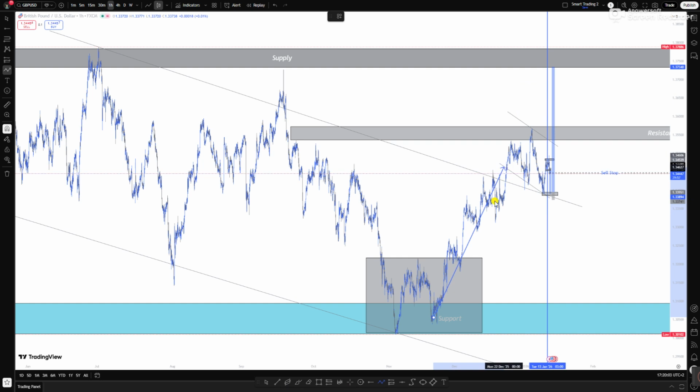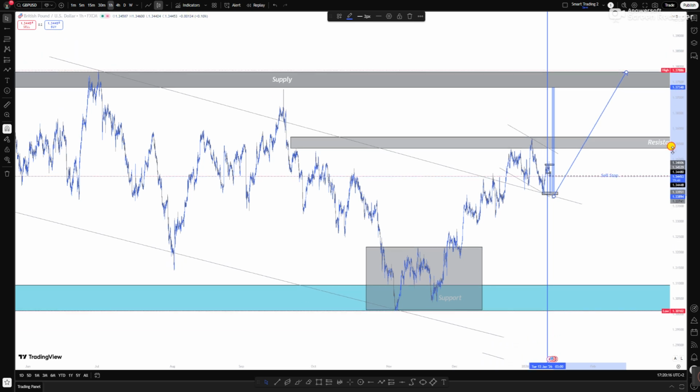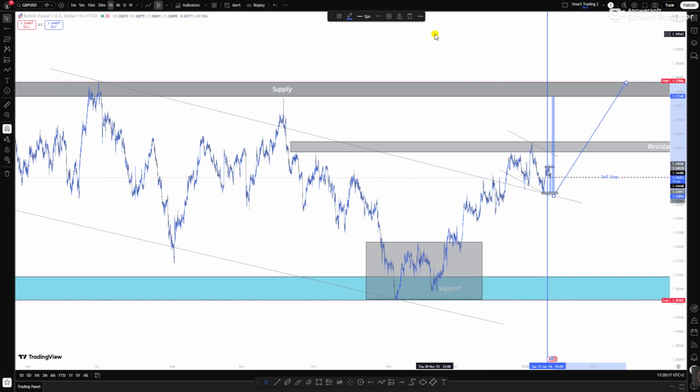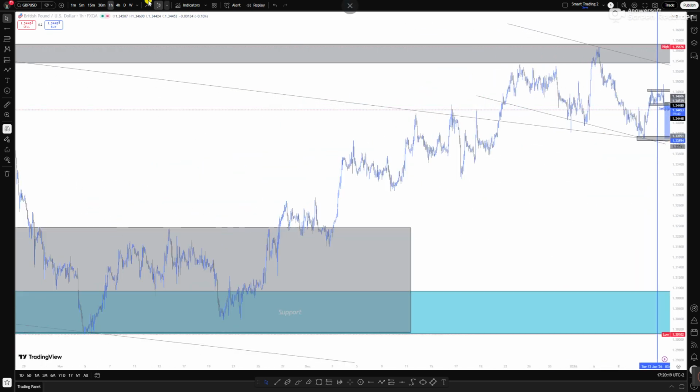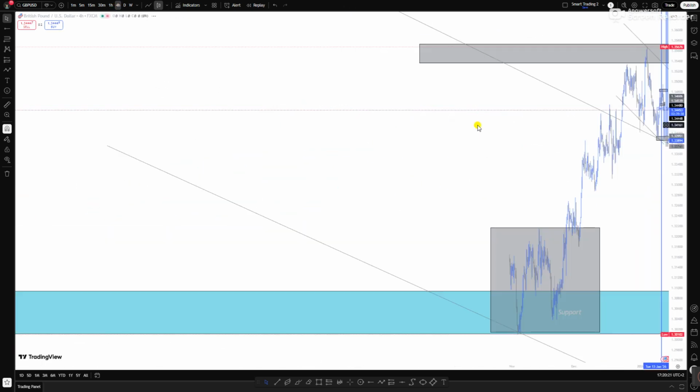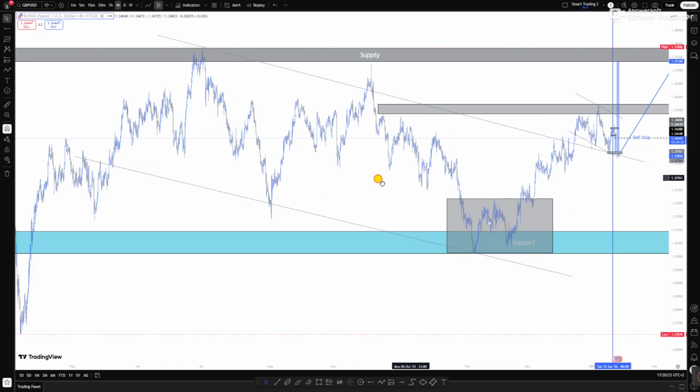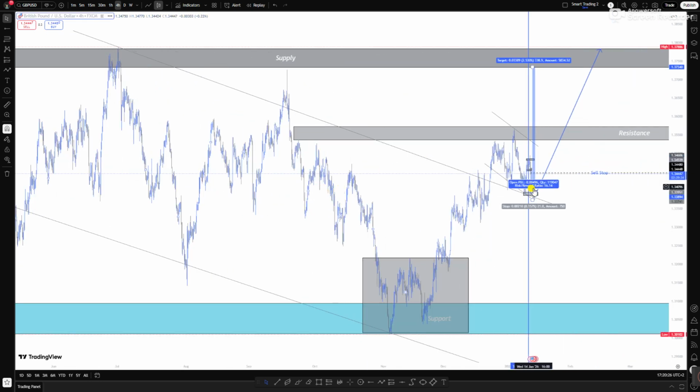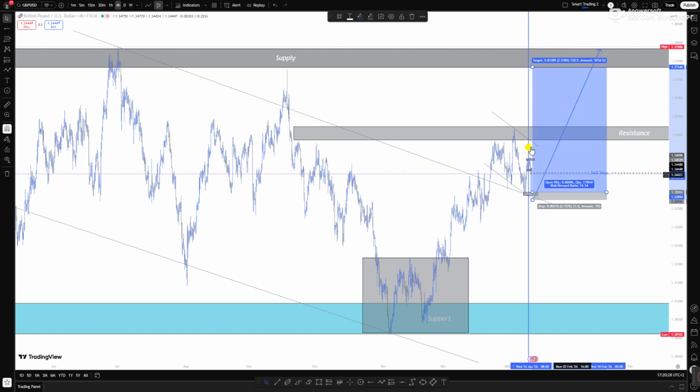So let me see if it fits. Yeah, it corresponds, it's somewhere close to there. We just retest it, move back. So yeah, it's gonna move to supply. So that's what I'm hoping for on gold.